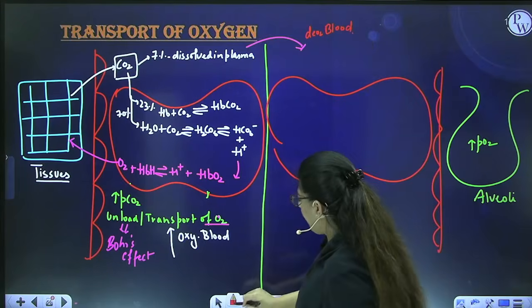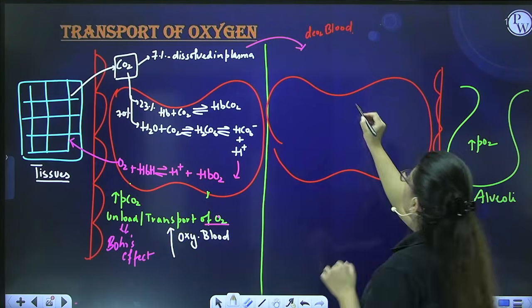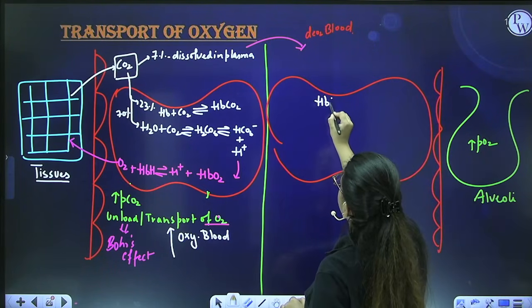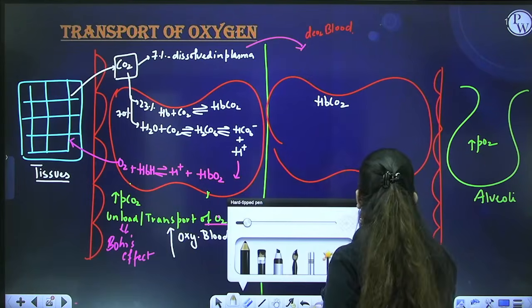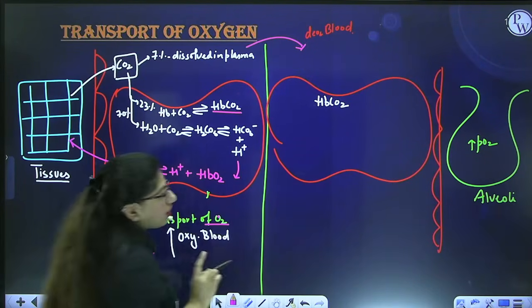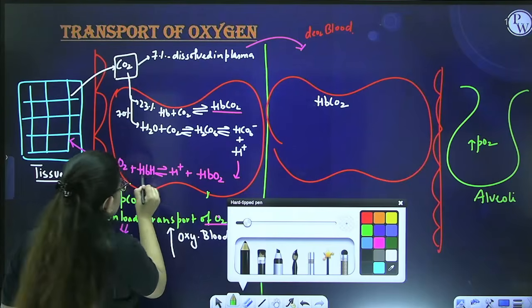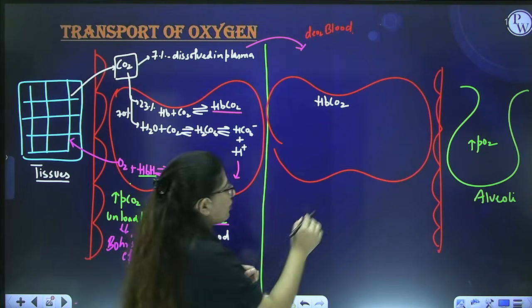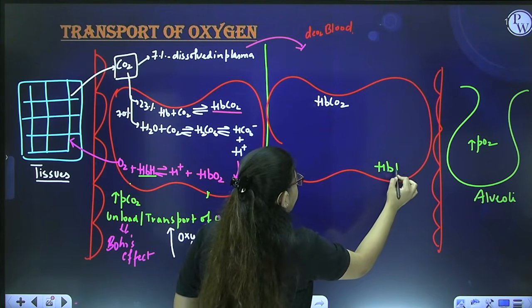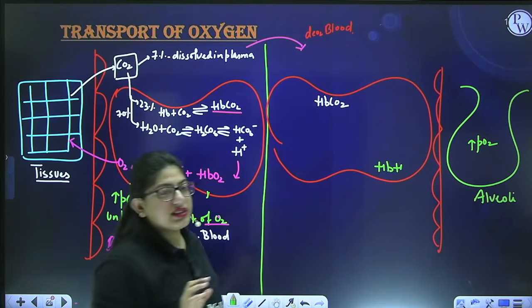Now what will happen? What have we produced here? One thing we have produced is HbCO2. Another thing we have produced is HbH. These two things we have produced, and we are bringing them in the RBC in these forms.